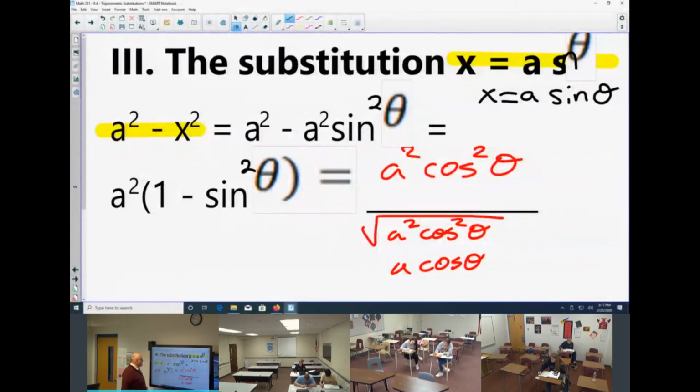When you have a squared minus x squared, then we plug in a sine theta and we'll get a squared minus a squared sine squared. We factor out the a squared and we have 1 minus sine squared, and so we get a squared cosine squared. Usually that's underneath a radical, and so then that will come out because both of them are perfect squares, and so we'll just get a cosine theta in our denominator.